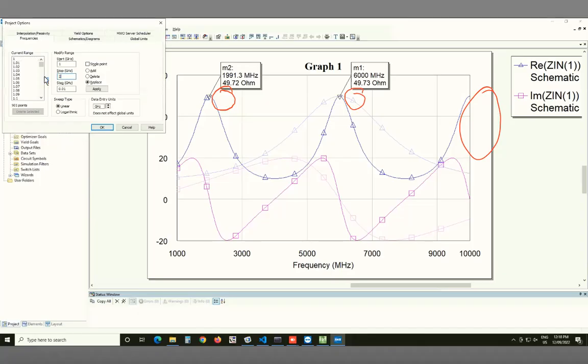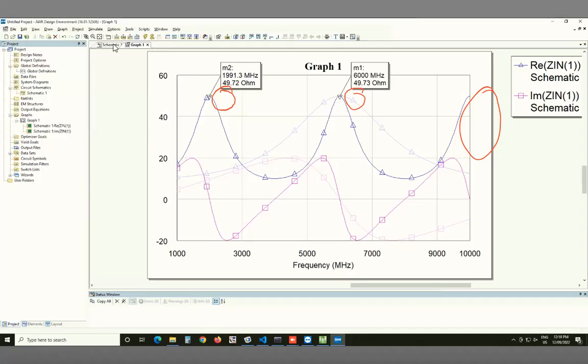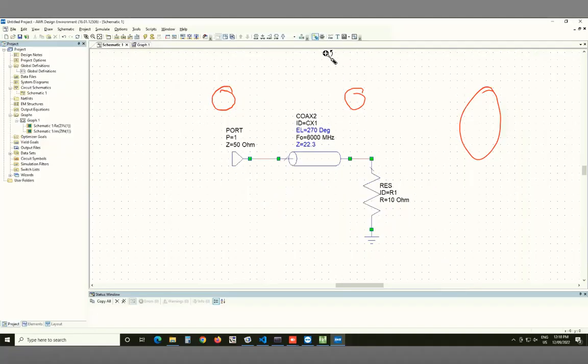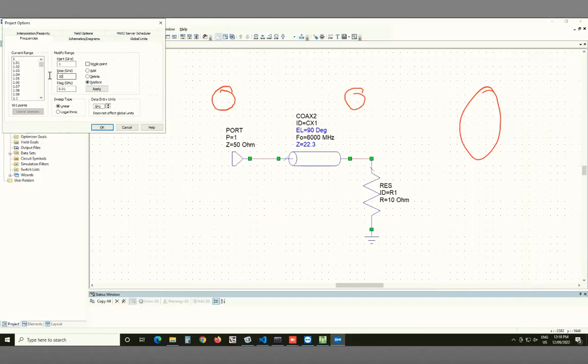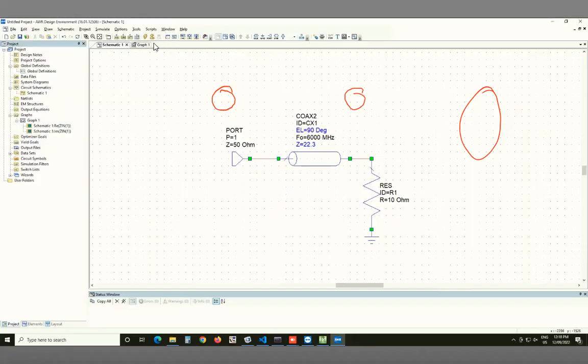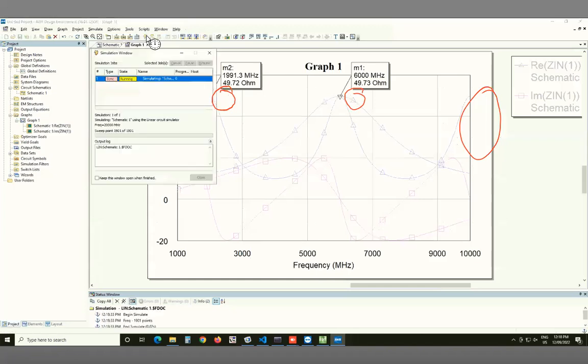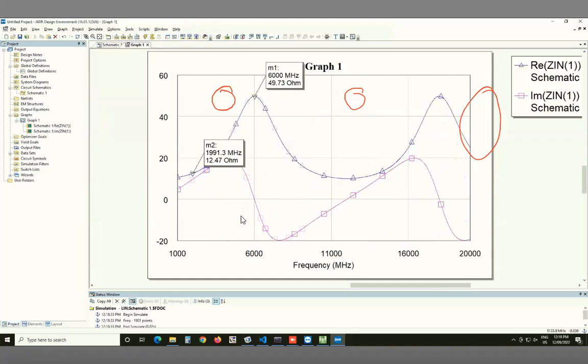Let's go to 20. This thing will just stretch and skew depending on what the numbers are.